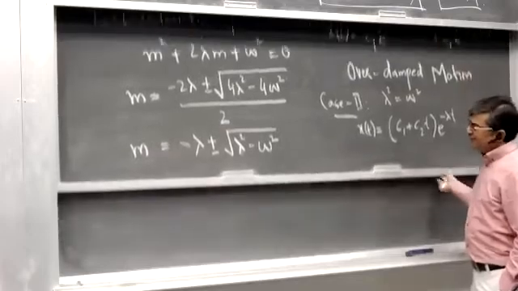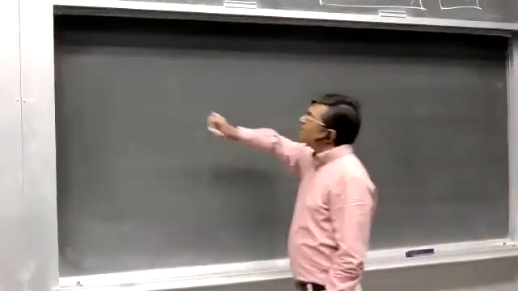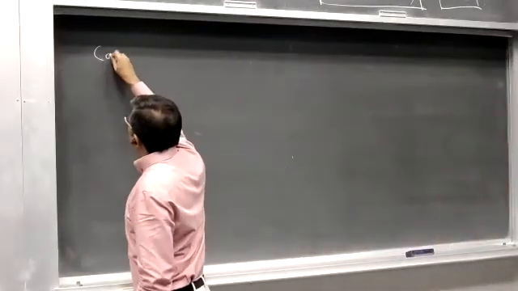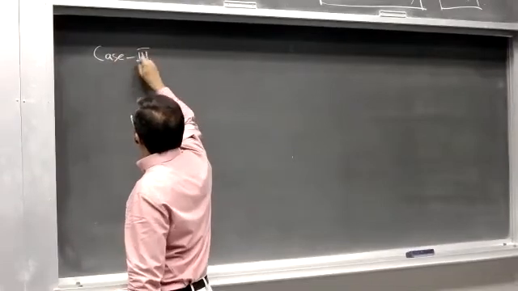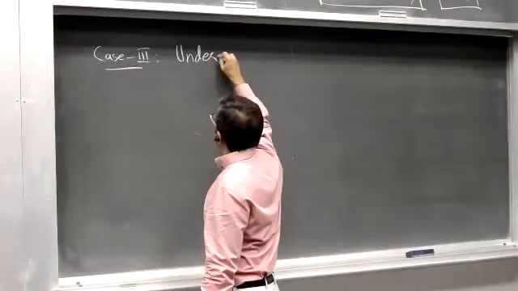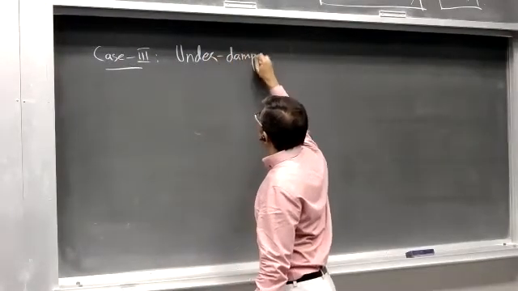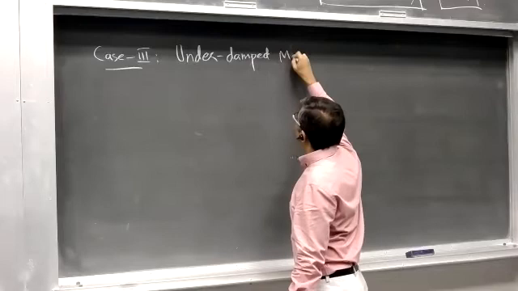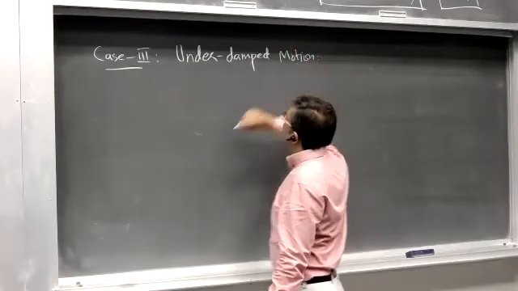The third case is when lambda square is less than omega square. Case 3 is called underdamped motion.